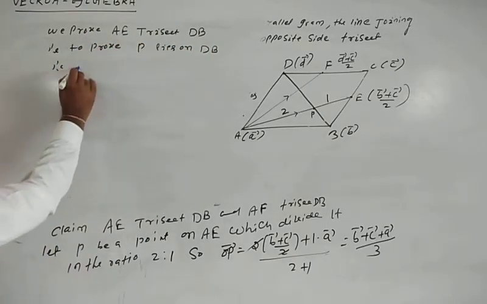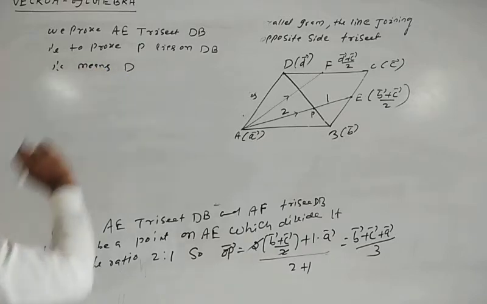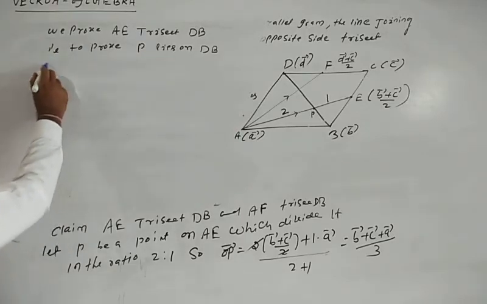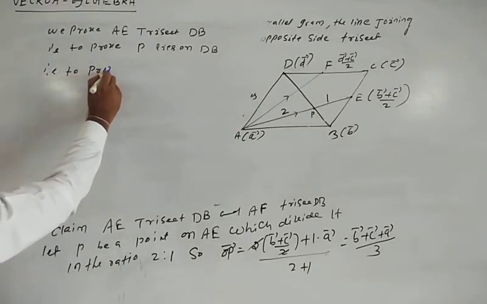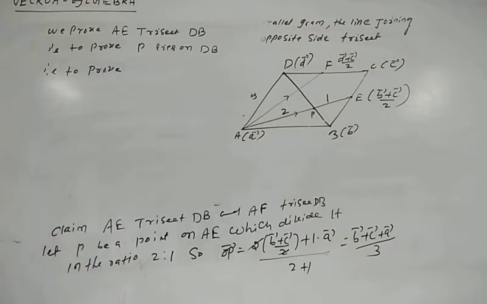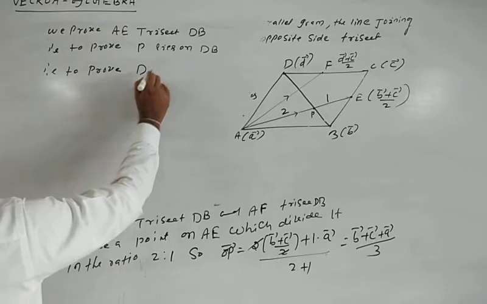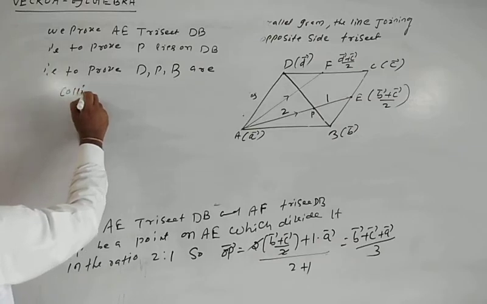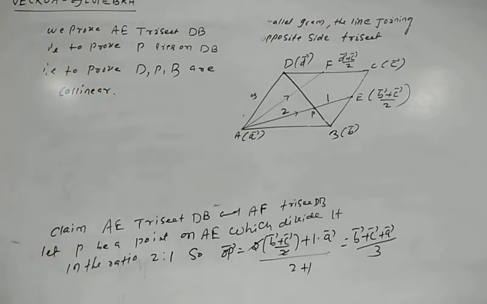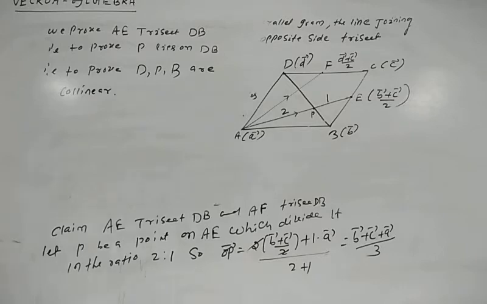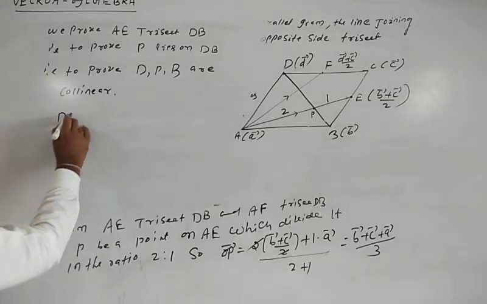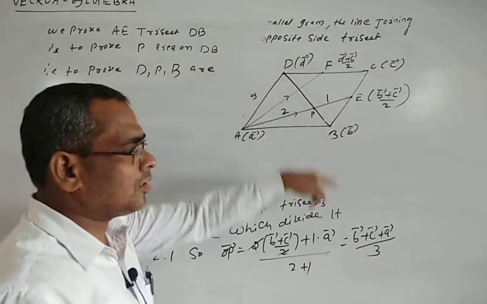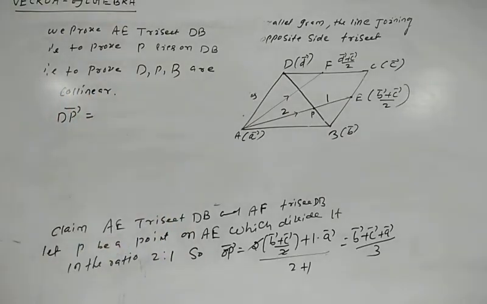That means DPB are collinear. So DPB are collinear means first we find the DP vector. DP vector is parallel to DB vector, or parallel to PB vector.